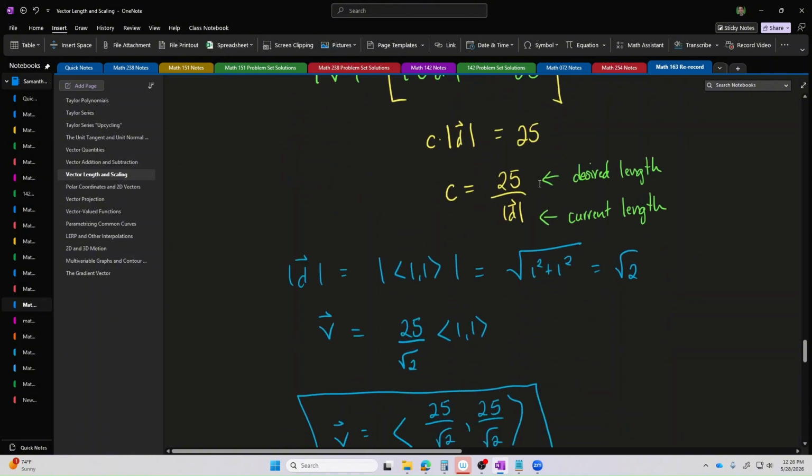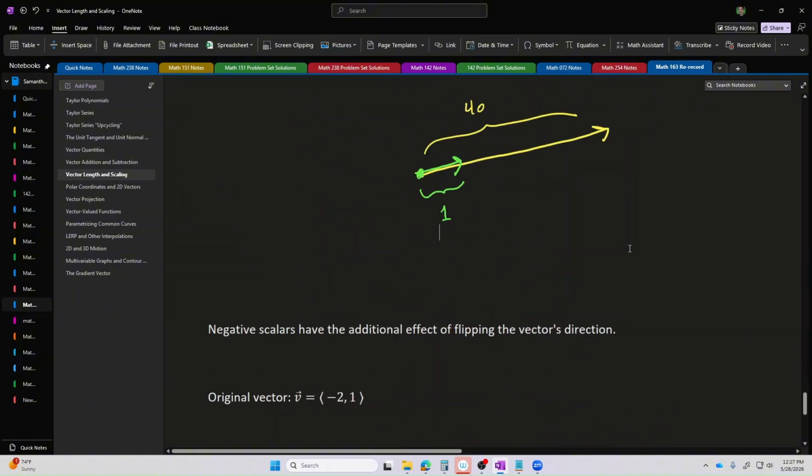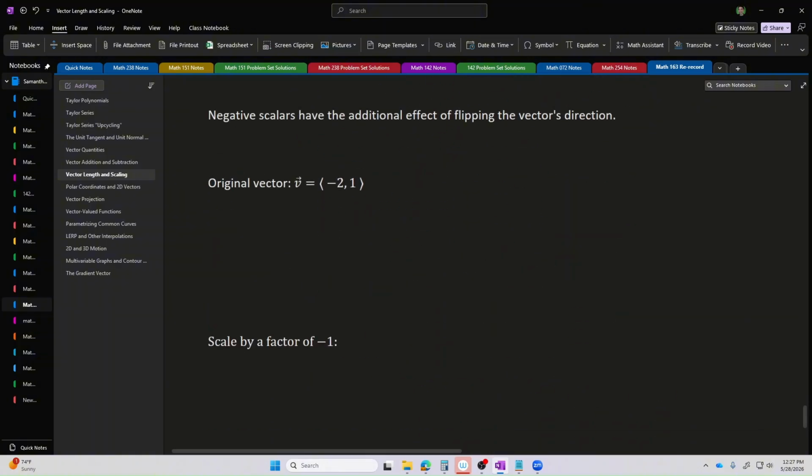You apply a scalar multiple in the form of a fraction, where the length that you want is in the numerator, and the length that you currently have is in the denominator. This fraction, used as a scalar multiple, will change the vector's length from whatever it is right now to whatever length you desire.